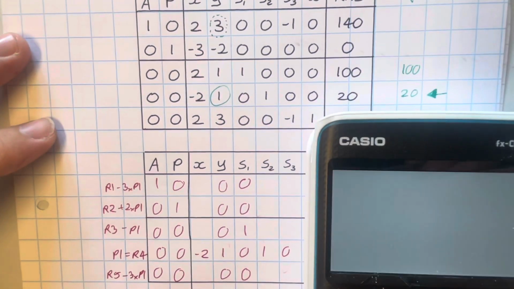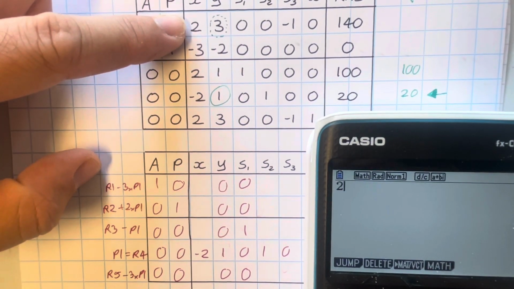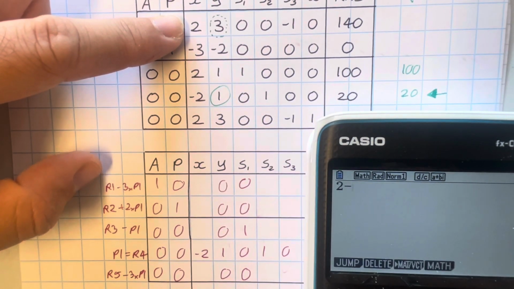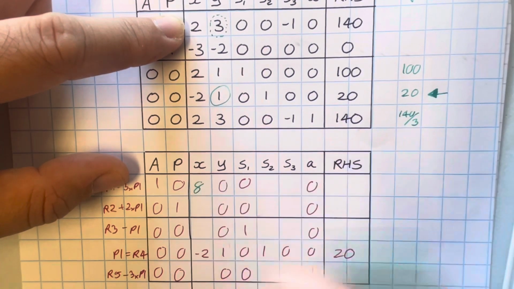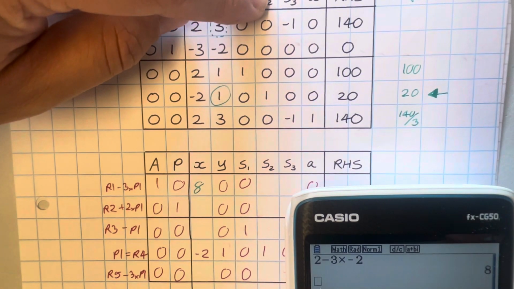Right, so get a calculator out just in case you make a mistake. 2, which is the previous entry, subtract 3 times the pivot element, which is -2, so that becomes an 8. That's a 0, that's a 0, that's a 0.